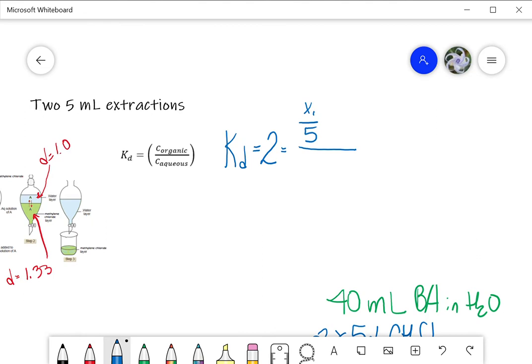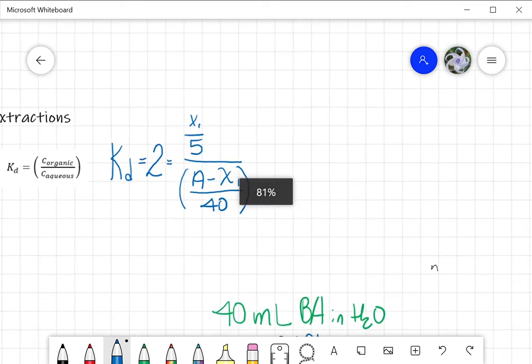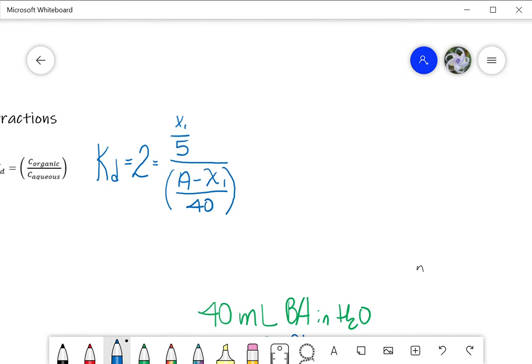So we'll have 5 as our denominator. And then in the denominator, we're going to have A, which is our total benzoic acid, minus the amount that went into the organic layer in the first 5 milliliters, still divided by our total volume of 40. So let's simplify that.